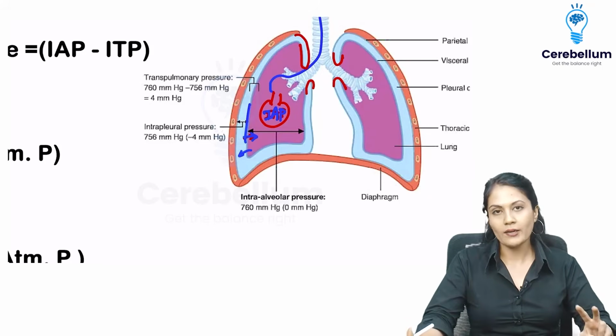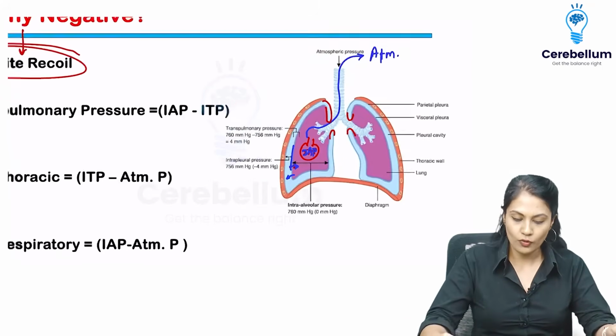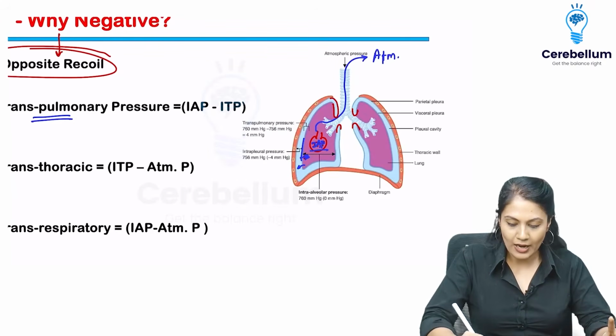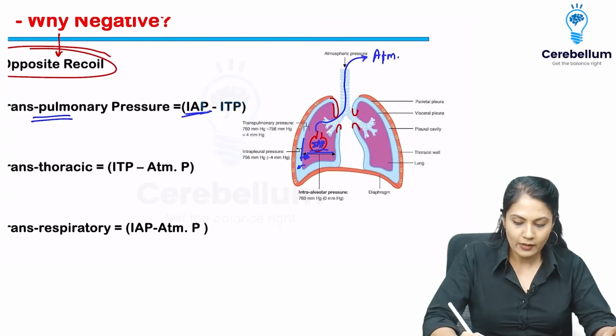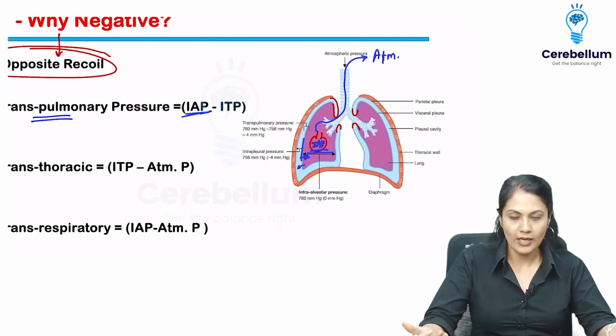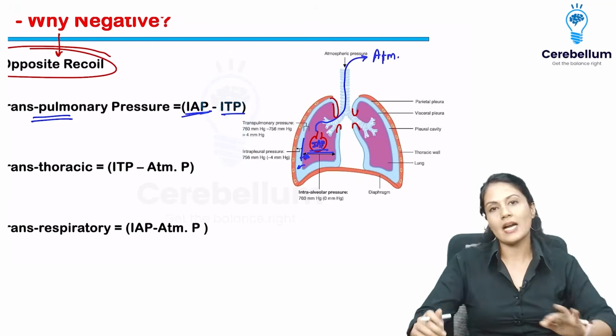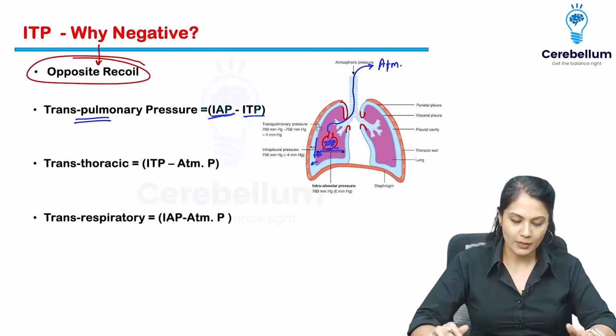Let's say transpulmonary: pulmo means lung. Identify the adjacent layers and do in minus out. Inside the lung I have intra-alveolar pressure. Outside the lung I have the pleura, that is the thorax, so intrathoracic pressure. In minus out, IAP minus ITP, gives me the transpulmonary pressure.